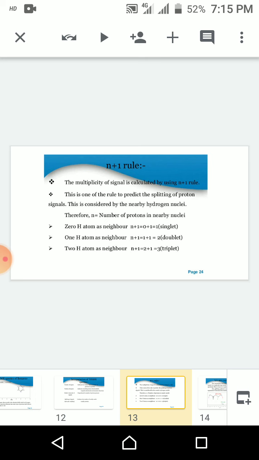If the neighboring proton is 1 hydrogen atom, the peak is a doublet, according to the rule n plus 1 equals 1 plus 1. If the neighboring hydrogen atoms are 2, the peak is a triplet. If 3, the peak is a quartet. If the neighboring hydrogen atoms are 4, the peak is a pentet.